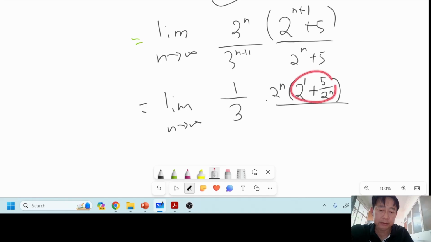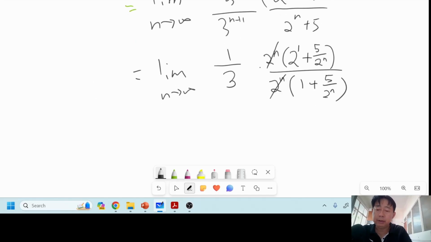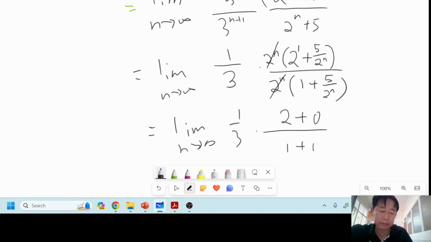In the denominator, I'll also pull out the factor of 2^n, and then I'll be able to cancel off the 2^n in the numerator and the denominator. What is left is (2 + 0) over (1 + 0), because 5 over 2^n goes to 0 when n goes to infinity.